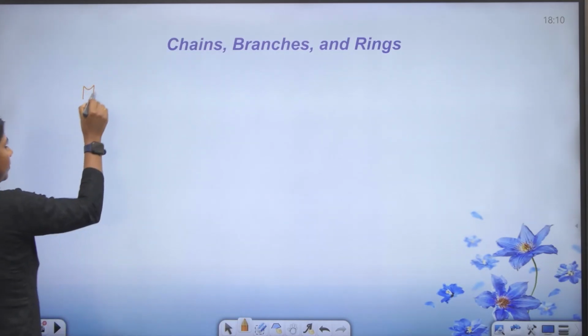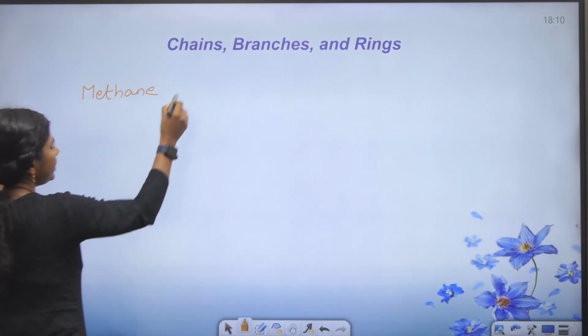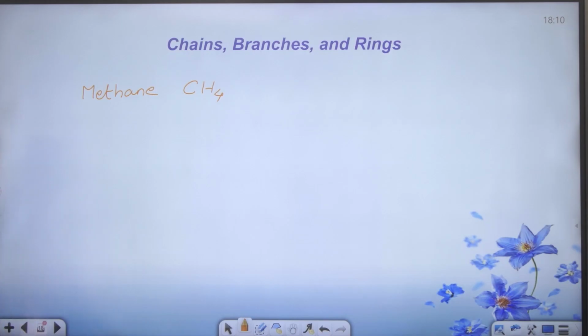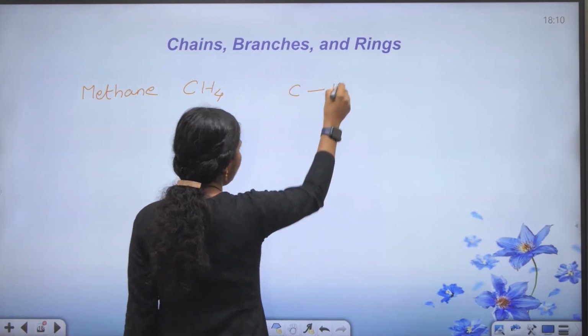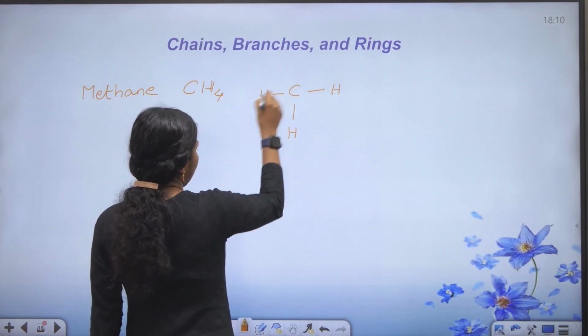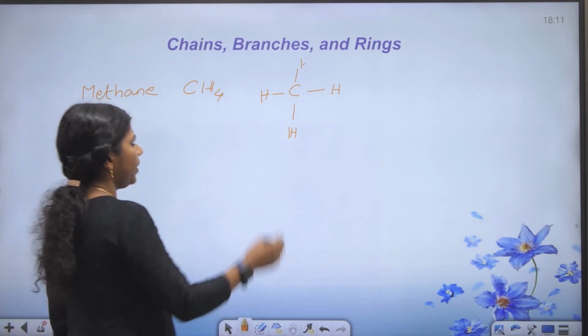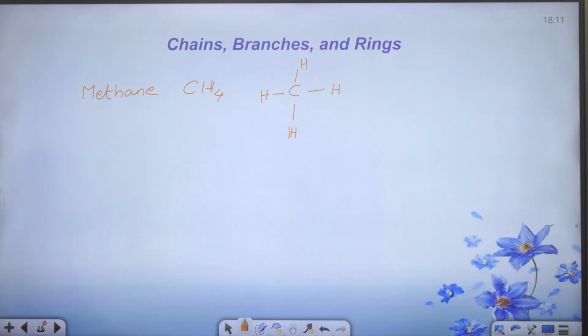The molecular formula of methane is CH4. Carbon is connected to 4 hydrogen atoms. This is the structure of the methane molecule.